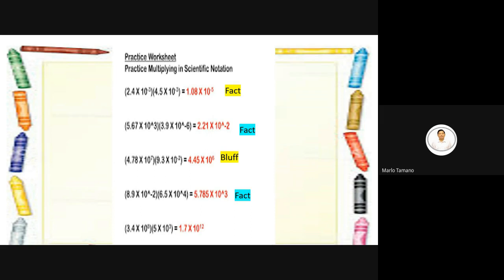So, 17 times 10 to the 9. Tapos, yung 17 na yan, greater than 10. So, what shall we do with this? Move the decimal point. I-move natin yung decimal point to the left, one place to the left. Para magiging 1.7 times 10 to the 10.